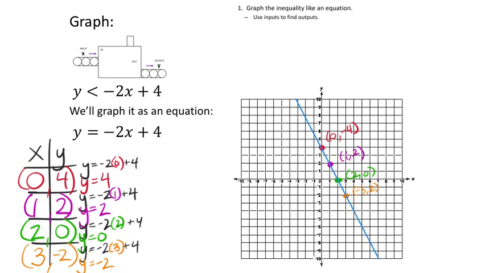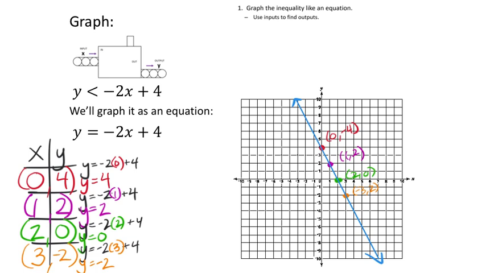Okay, I'd say it's not my greatest work, but it'll do. I'll put arrows at the end, and then that's pretty good right there. All right, so this is the line that goes on the graph. The problem is, now that I've got my line on the graph, because we've got our points, really what happens now is we've got to figure out if this line is going to be dashed or solid.